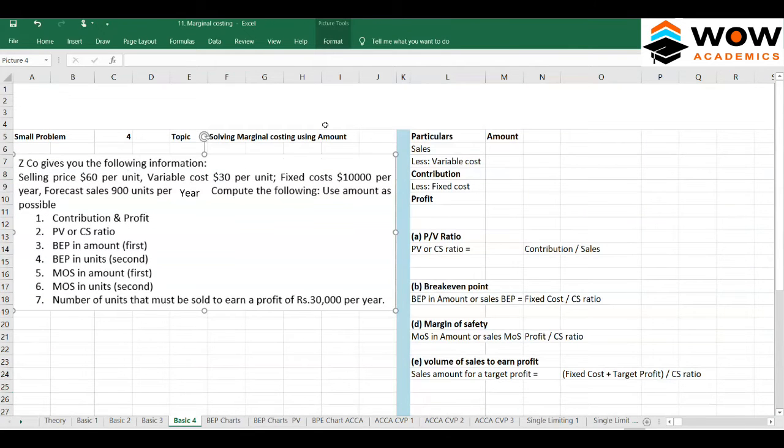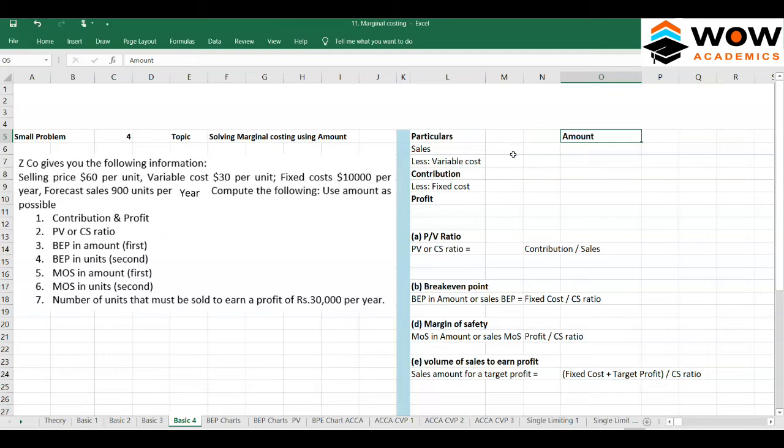So he wants the answer to be in amount only, so we have to calculate the amount on a separate area. So we'll start. Sales is going to be 60 into number of units, 900. Next is variable cost, 30 into 900.